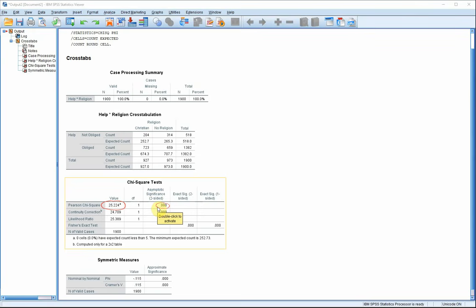Now that's going to be significant for pretty much any alpha level that you're likely to choose. People normally work with 0.05, sometimes with 0.01, but either way it's almost certainly going to be a significant result.